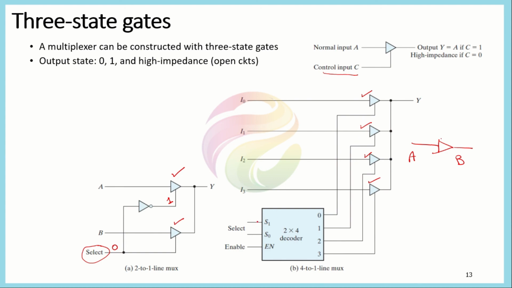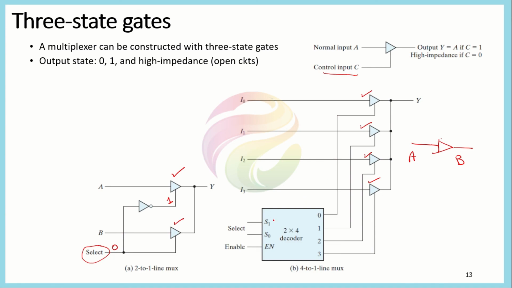Depending upon the values of S1 and S0, we select one of the inputs to be connected to the output. The decoder generates a sequence accordingly, only one input is selected because of the three-state gates, and the rest have a high impedance at the output.